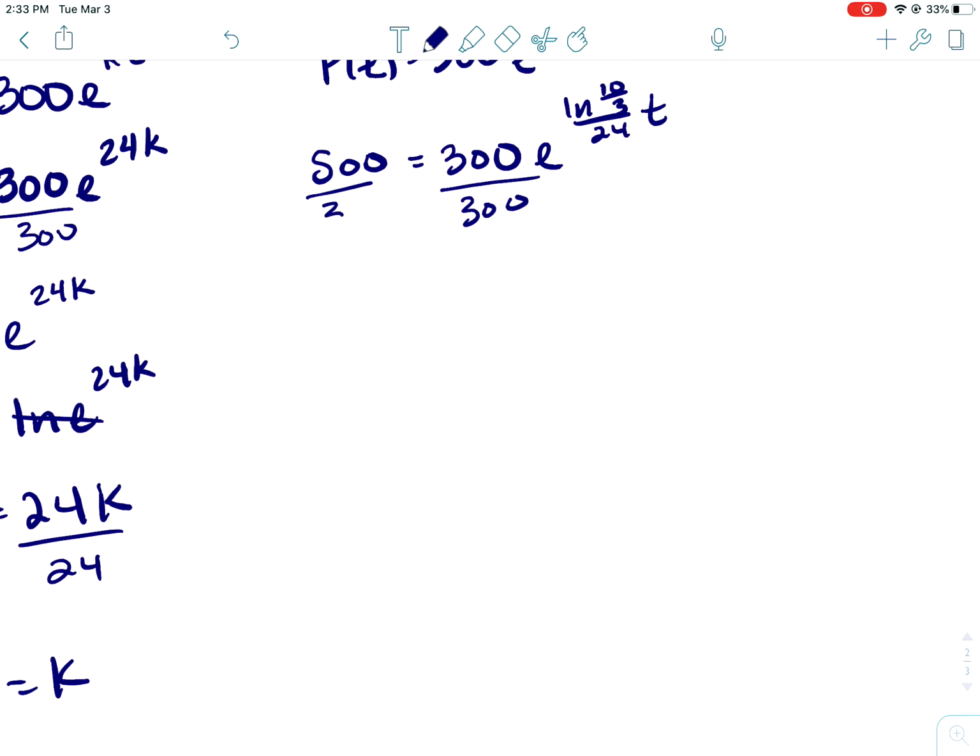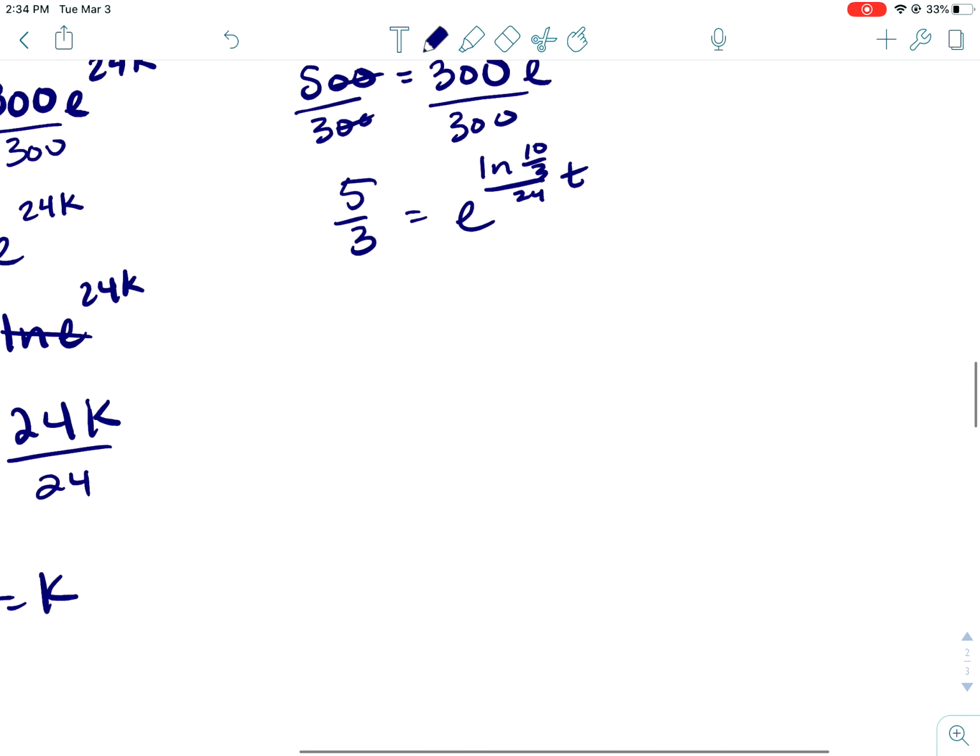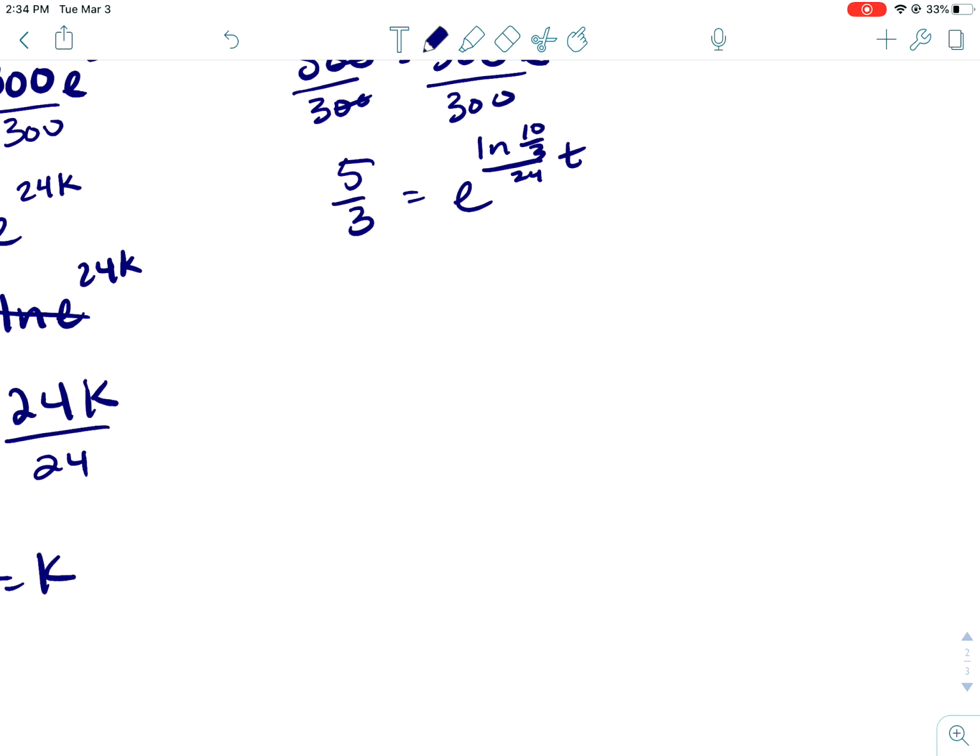All right, so we kind of start off just like we did by dividing. All right, and then to get that t down, we're going to have to do the natural log.